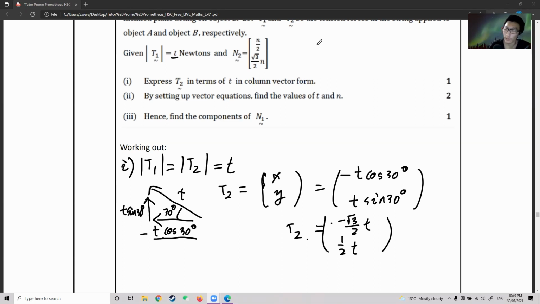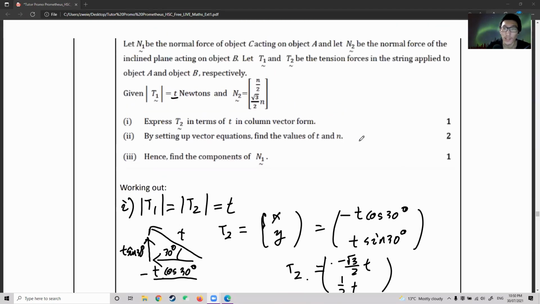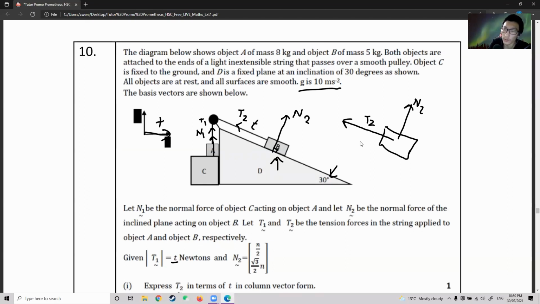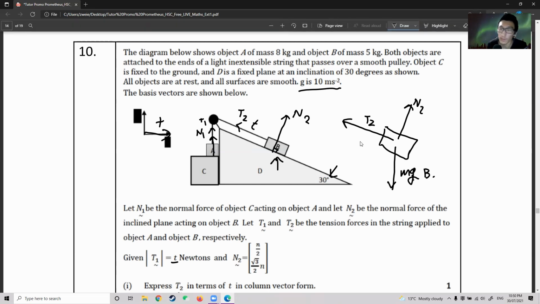Now, for the second part, it says by setting up vector equations, find the value of T and N. What we can set up is, just by looking at object B, I have my object B kind of slanted. I have a force pulling it this way, and a normal force acting this way, T2 and N2, and I also have my mg, the force of gravity of B going down.